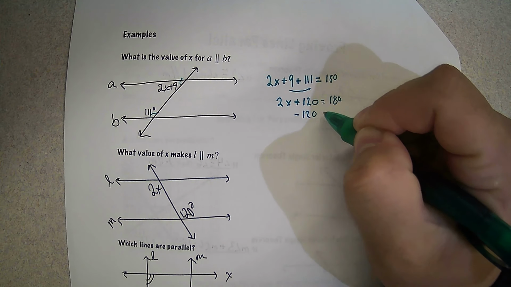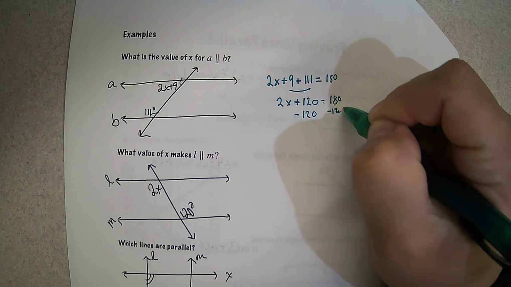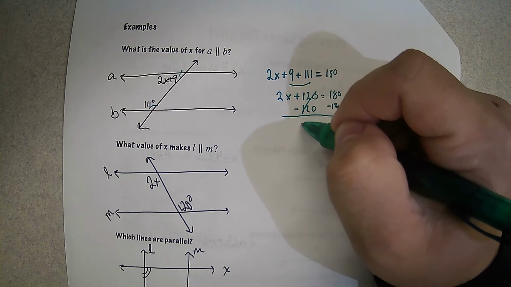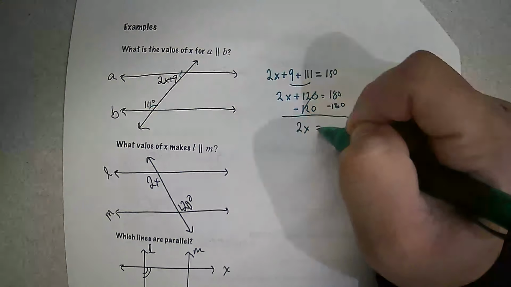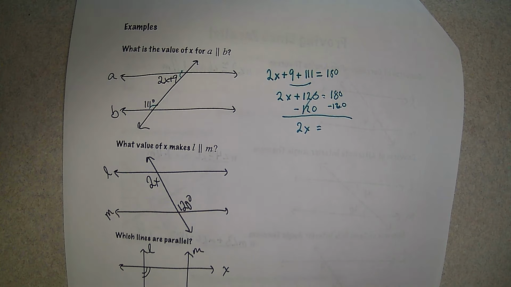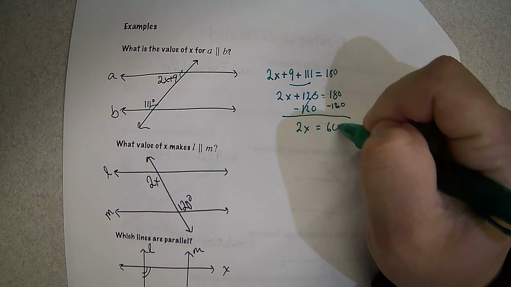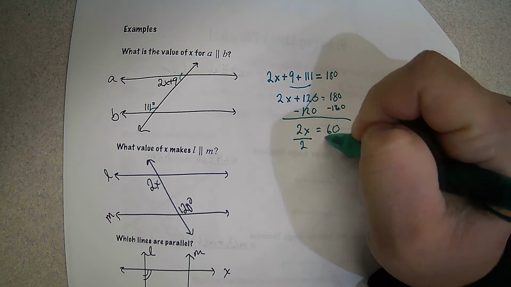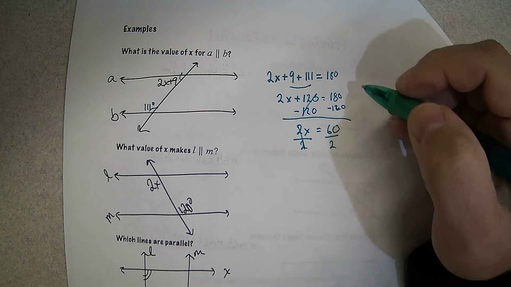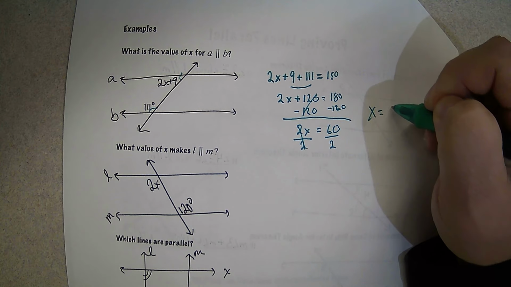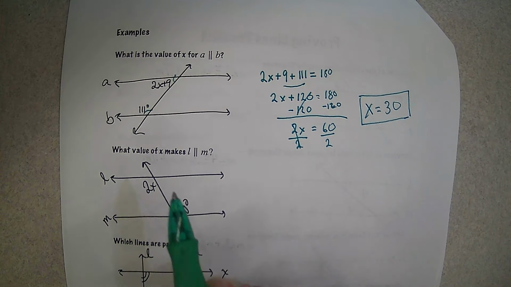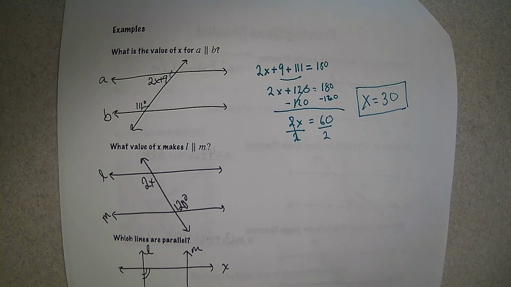We subtract 120 from both sides. Those cancel out. We have 2x on this side equals 180 minus 120, which is 60. Then we divide both sides by 2. x is going to equal 30. So if x is 30, then those two lines are parallel.